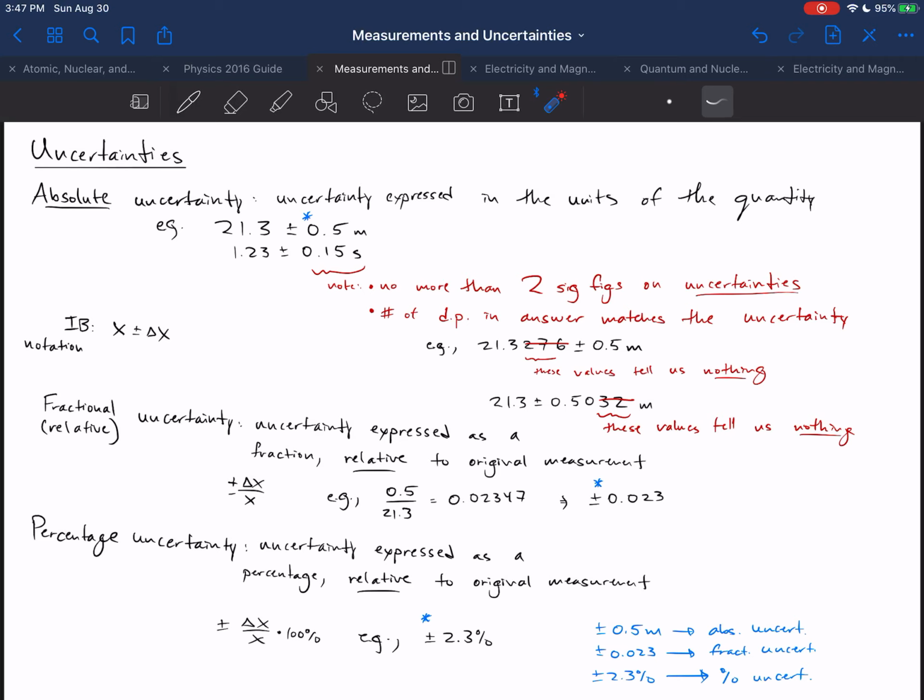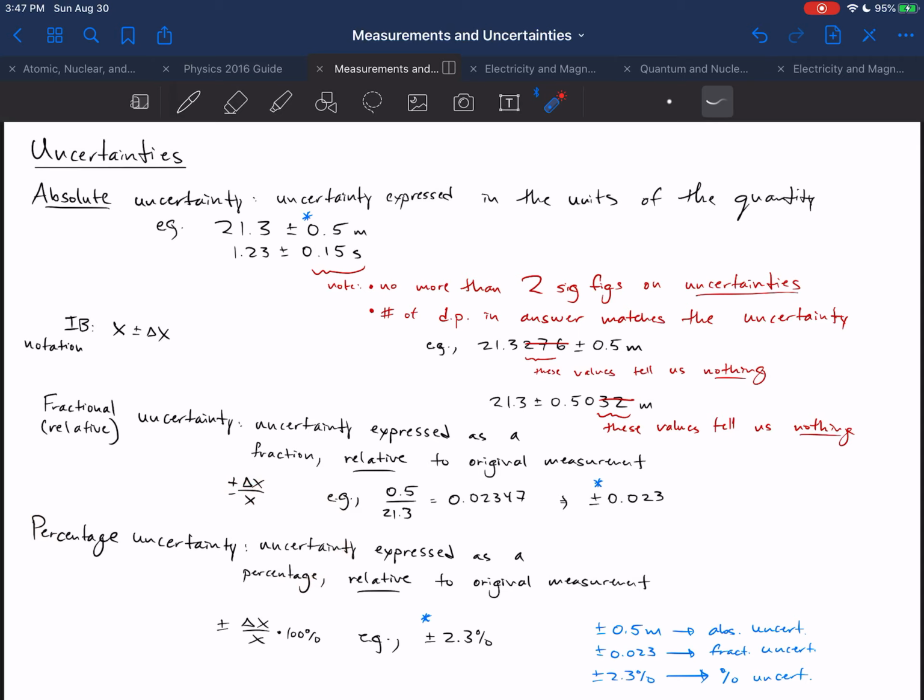And so you can often quote your value as 21.3 plus or minus 2.3%. Notice that as a percentage or as a fraction, it gives you an idea of how big the uncertainty is relative to the measurement. It will capture the difference between a half-meter uncertainty on your height and a half-meter uncertainty on the radius. So the same uncertainty can be represented in these three different ways: this absolute uncertainty, the fractional uncertainty, and the percentage uncertainty.